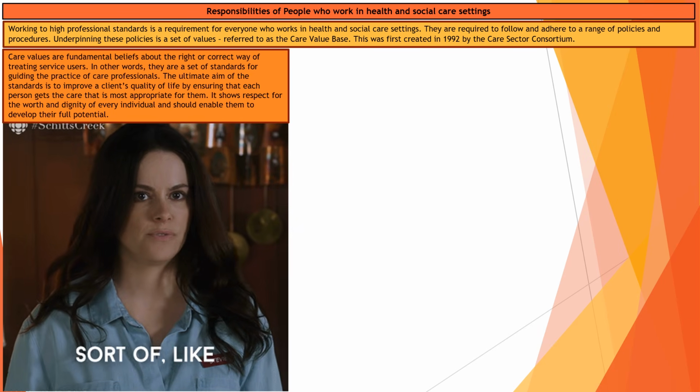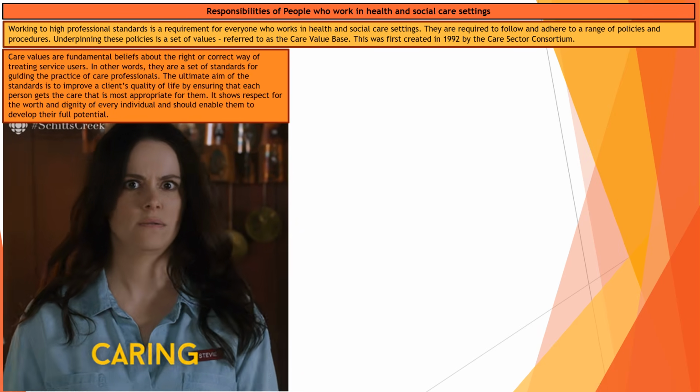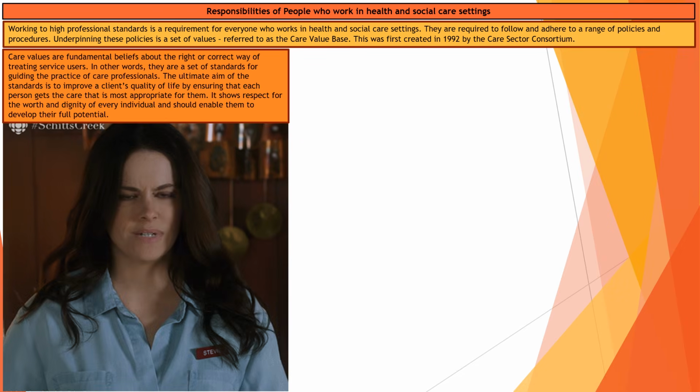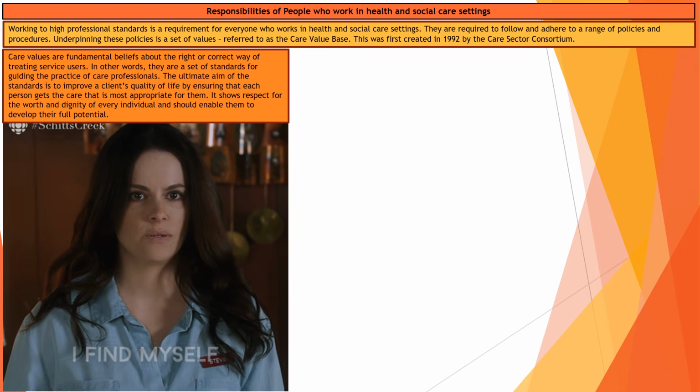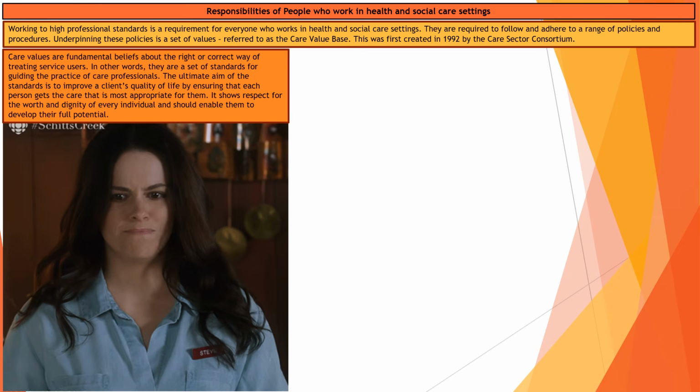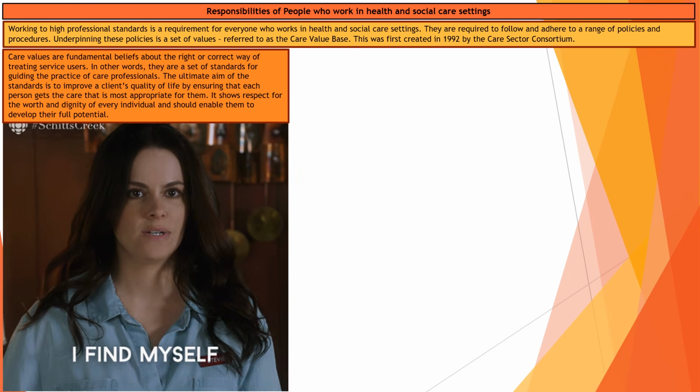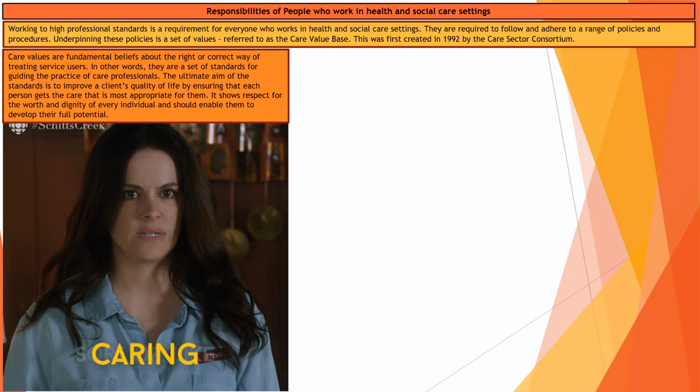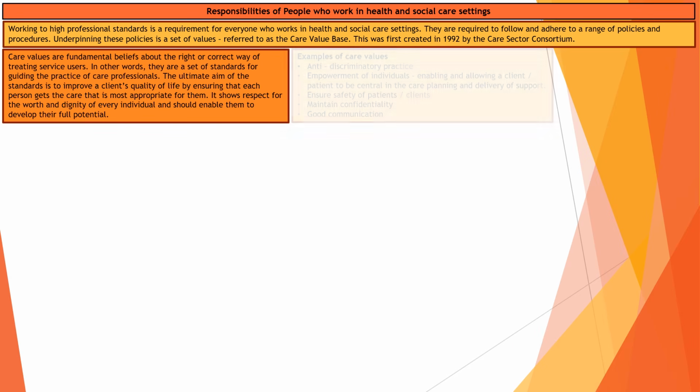Now the care value base basically sets out the right ways, the correct standards that should be used to treat people. The ultimate aim of the standards was to improve the quality of life of those using care, but also to set a standard for care providers.